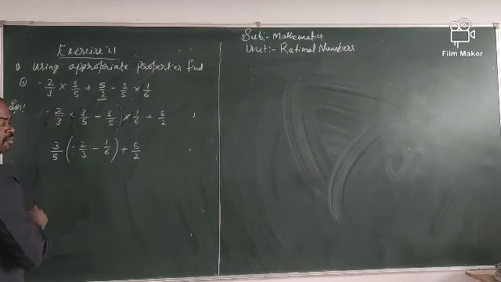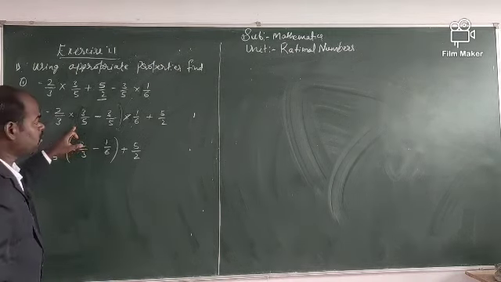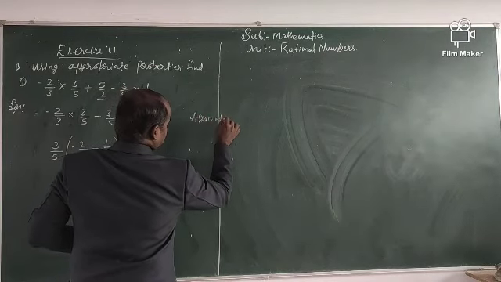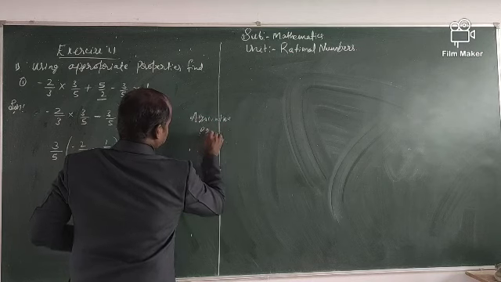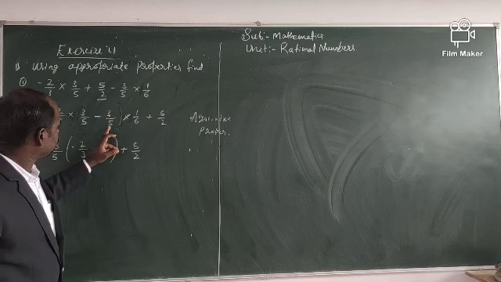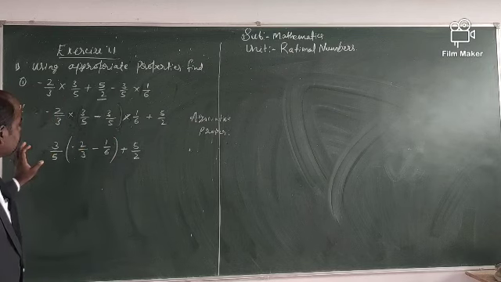See, it is in the form of A plus B. It is in the form of commutative property, because A into B equals B into A.